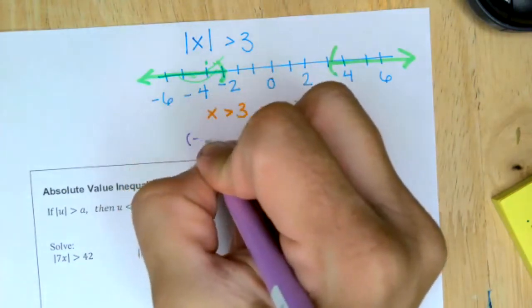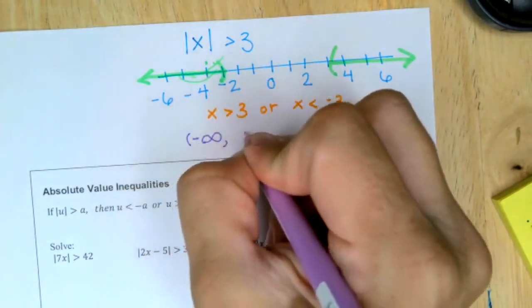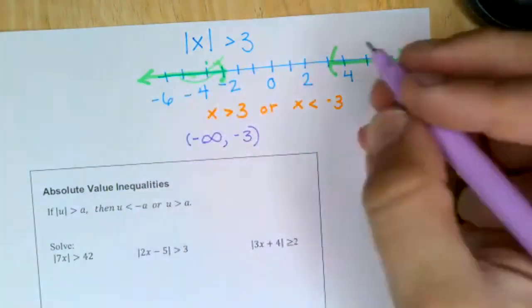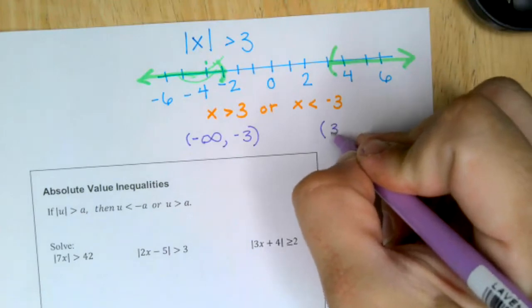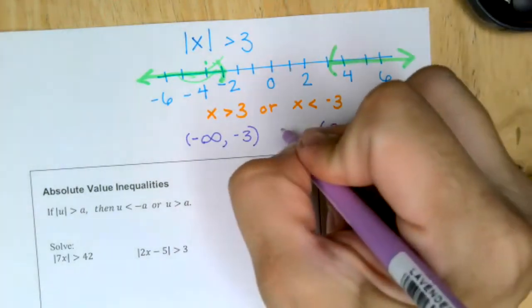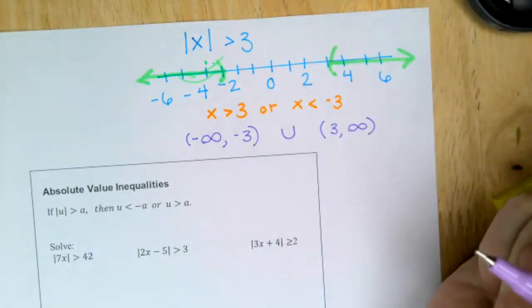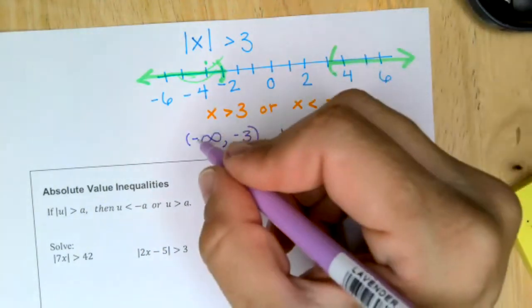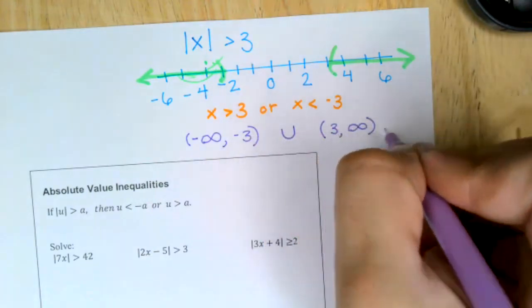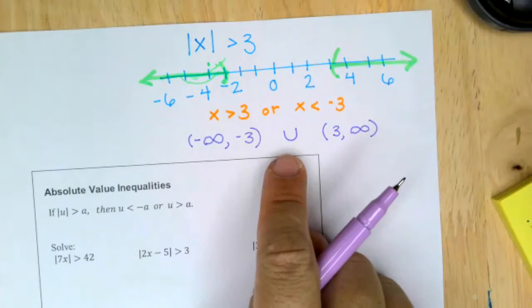So it starts at -infinity and it goes to -3, right? This one. And this one starts at 3 and goes to infinity. And we have to say set here. The set of -infinity to -3 and 3 to infinity. Set. Okay?